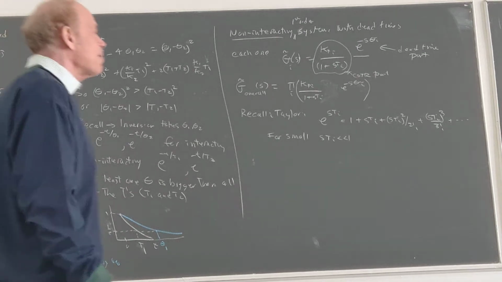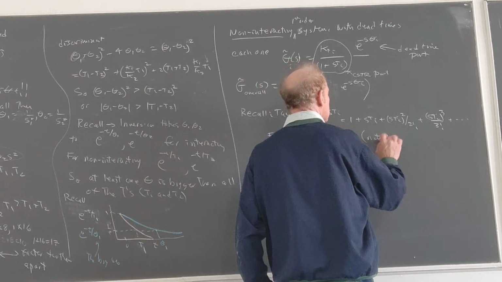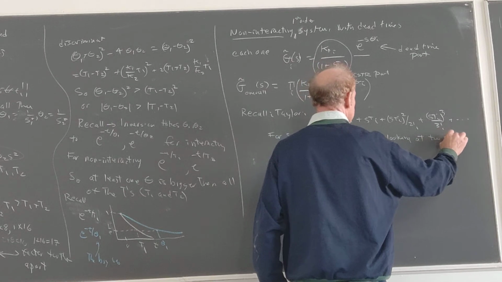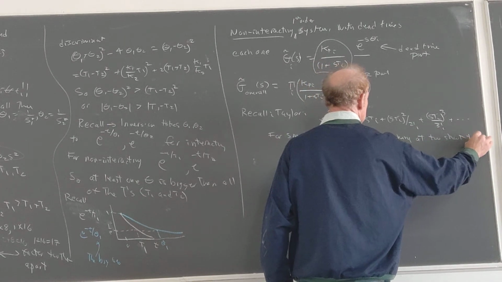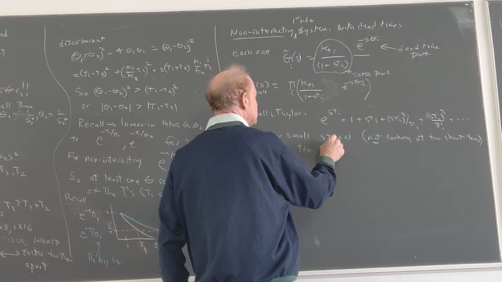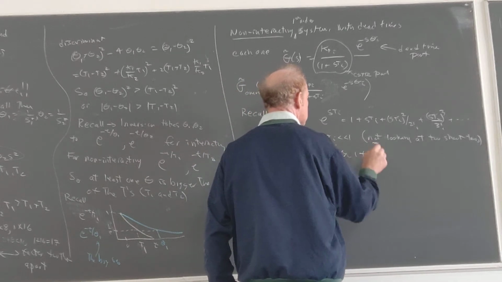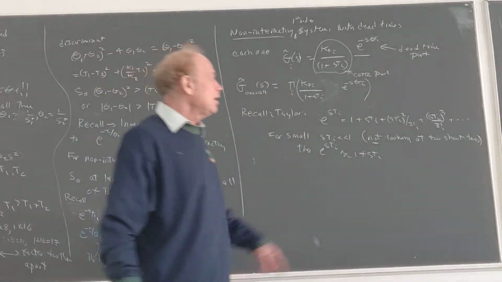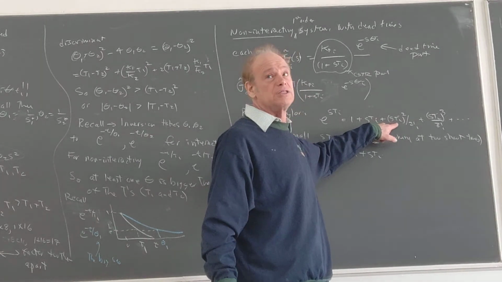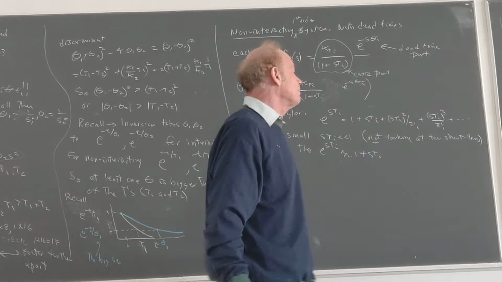So s goes to 0 tells me something about long time. So this says I'm not looking at too short times. Then e to the s tau_i is about equal to 1 plus s tau_i. Meaning, since s tau_i is much less than 1, s squared tau_i squared over 2 is going to be much less than s tau_i, so I can ignore it.